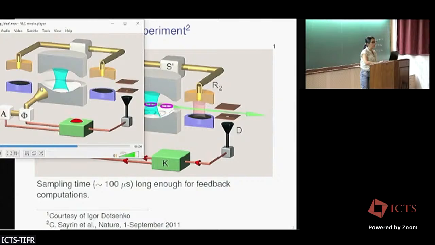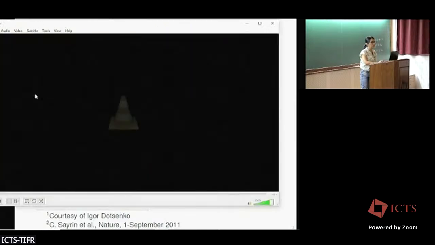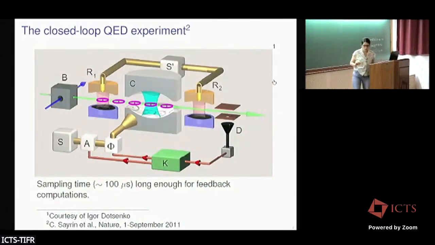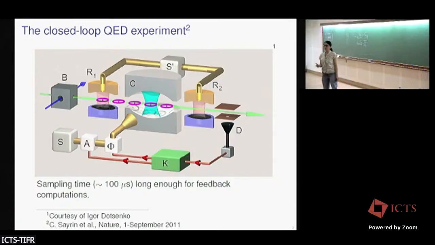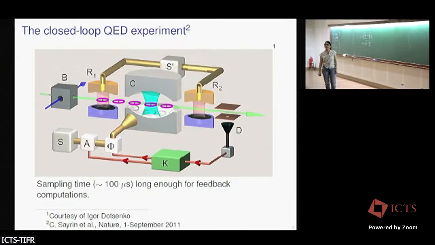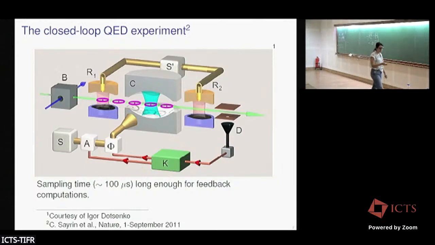And here you apply your feedback, which is the amplitude of the laser. But there is also a problem in the measurement-based feedback, because in real time you need to estimate your state, and then apply a control. So it is important that you have enough time. Here is one of the problems of the experiments: first to implement a non-destructive measurement, and then to have a real-time feedback.